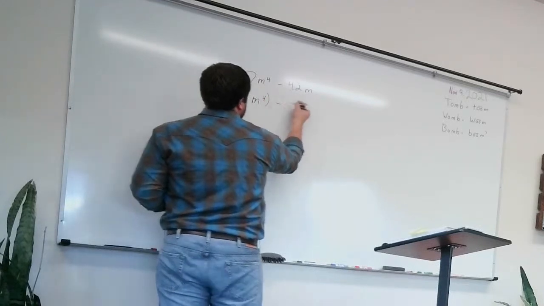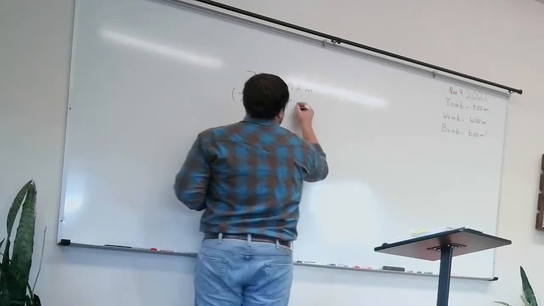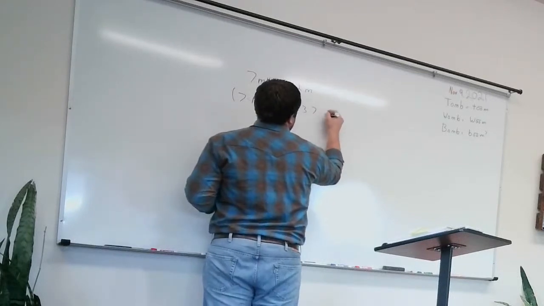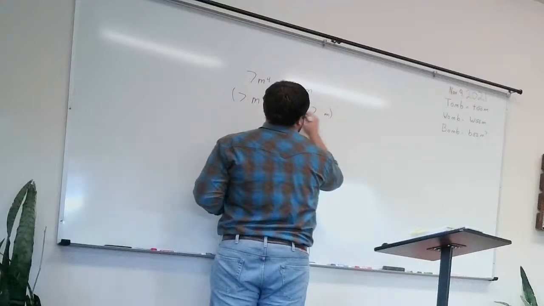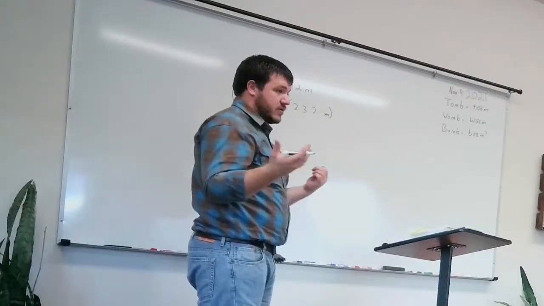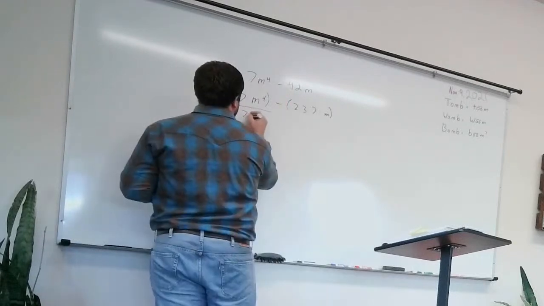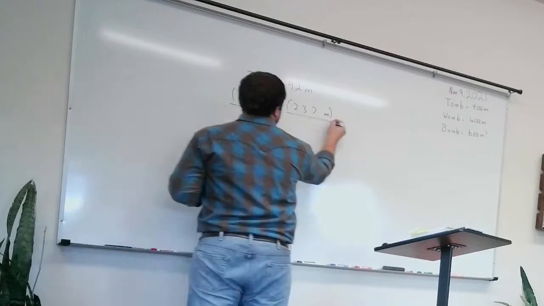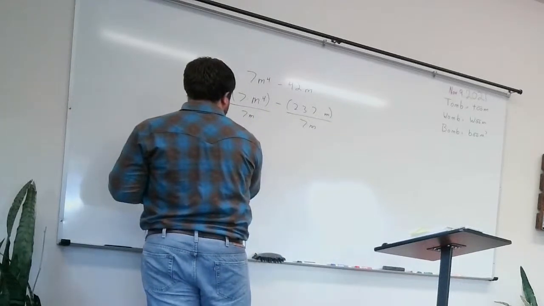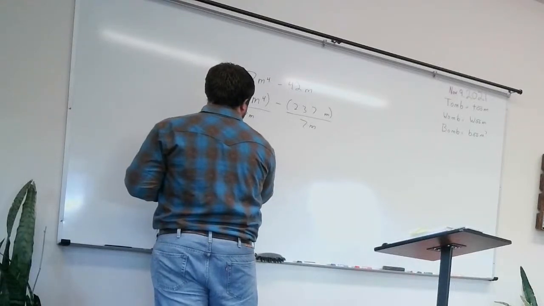And 7m factors as 7 and m. So what are our common factors here? 7 and m. So we divide both of them by 7m, and we get m to the 3rd, or m cubed, minus 1.